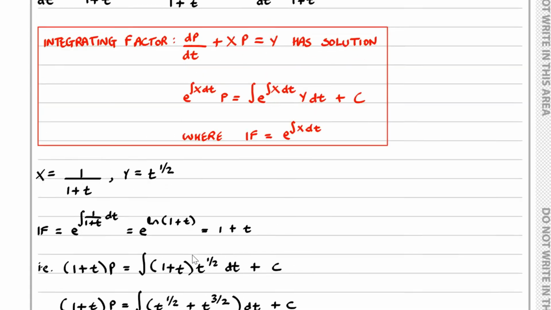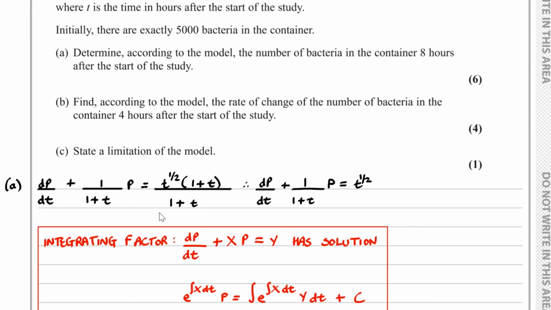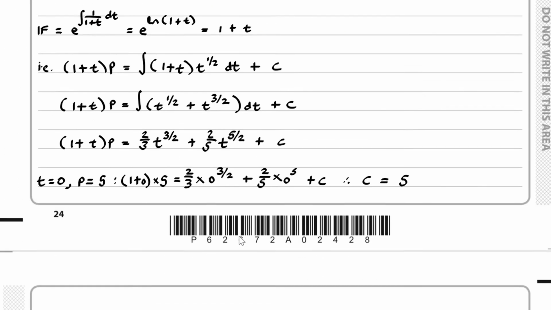Now for part B of the question, we have to find, according to the model, the rate of change of the number of bacteria in the container 4 hours after the start of the study. Now, the fact that it says rate of change suggests to us we need to differentiate.